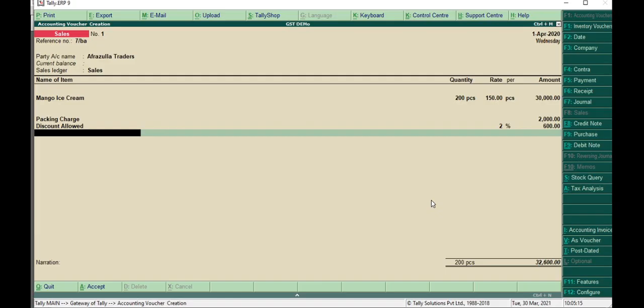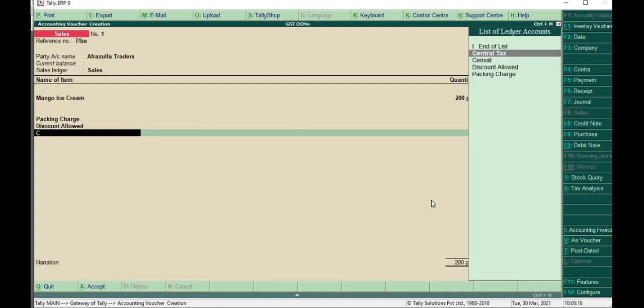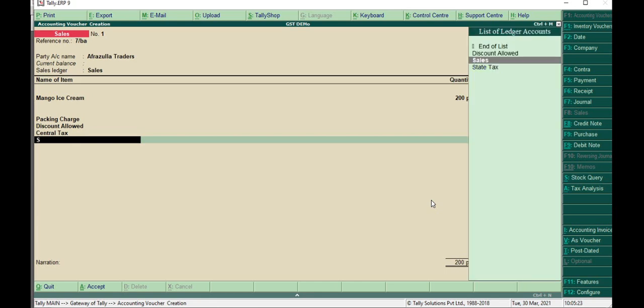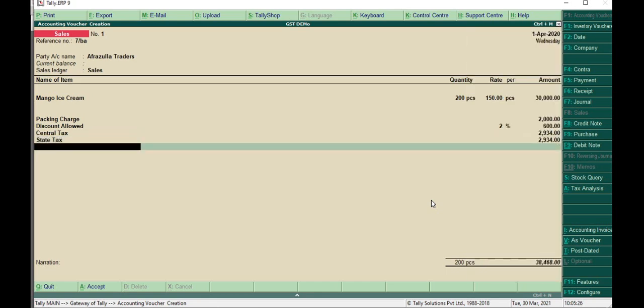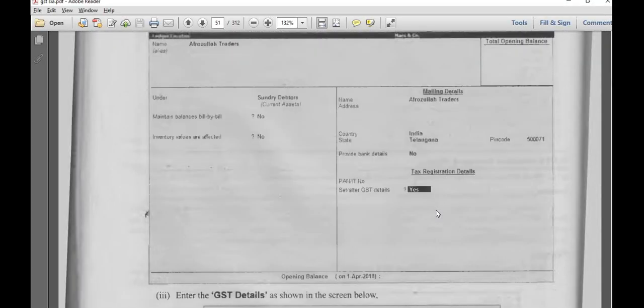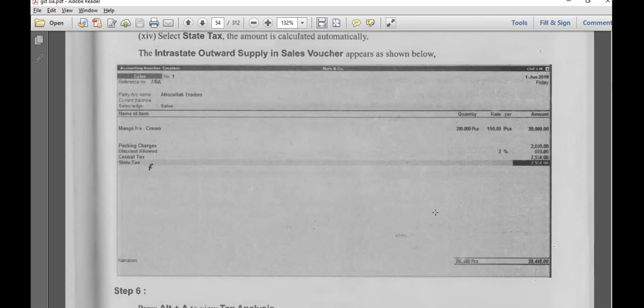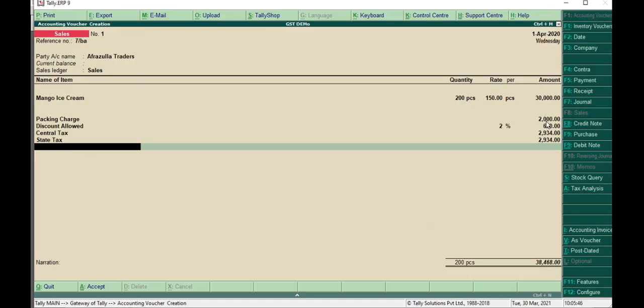After discount allowed, we have CGST, that is 2934. Next we have SGST, that is 2934. You can see that voucher here, we can see the same. 30,000, 2000 will be the packing charges, discount allowed is 600, that is 2%, and 2934 is the central tax and state tax is 2934.